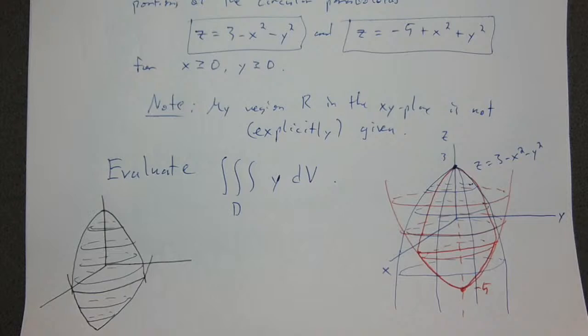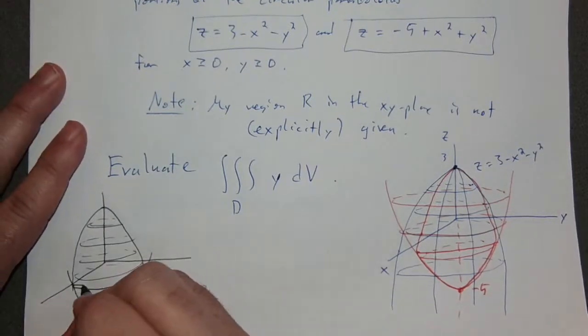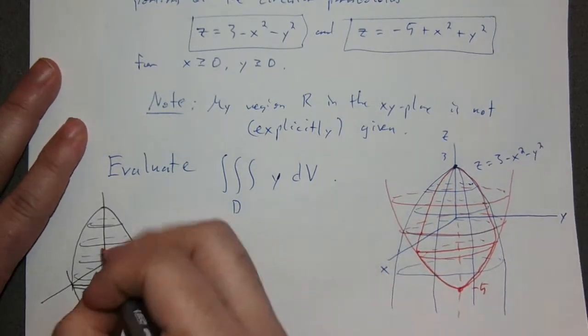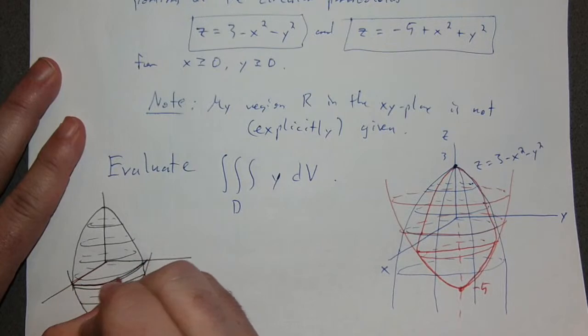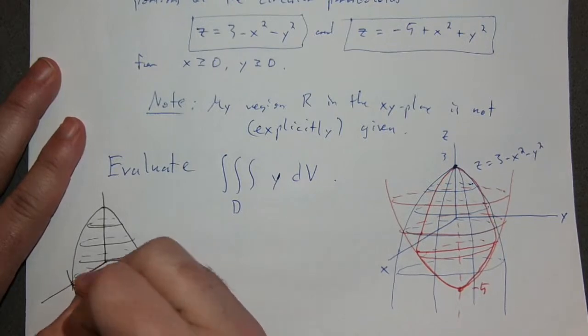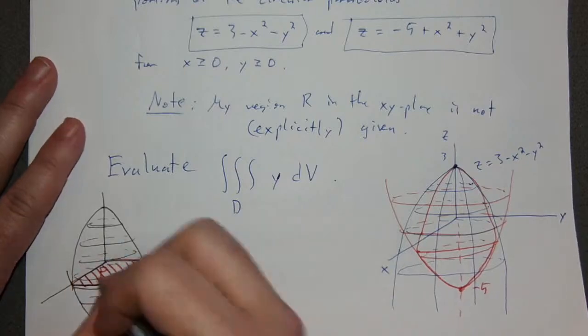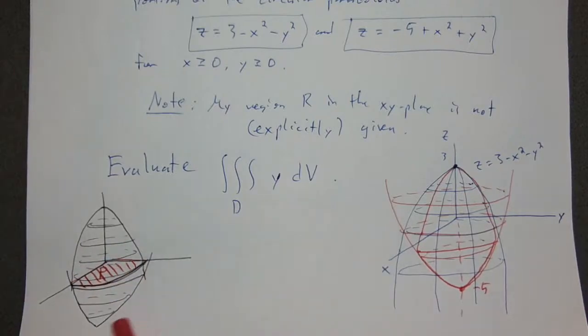Now, the region R that I'm seeking in my XY plane might look, let me use red in this picture, something like this. It's the shadow. Now you might say, since this object actually covers the XY plane here in space, then it's not really the shadow.